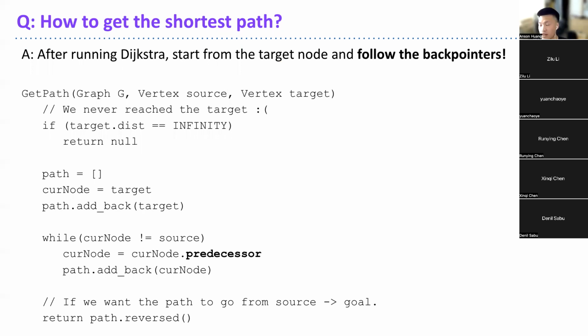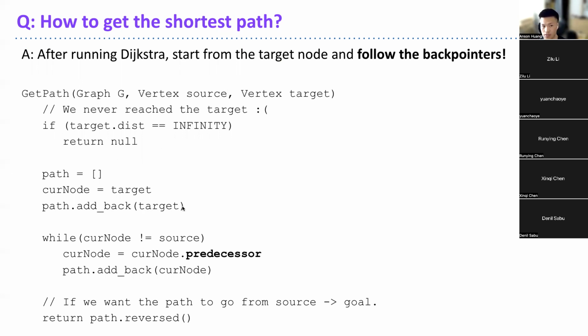That's why we had y'all keep track of the predecessor, because if you keep going back to the predecessor, so let's say you want to find the path from the source node A to node Z, what you would do is start at Z, go to its predecessor, and so on until you get back to the source node. And that will give you the shortest path between those two nodes.